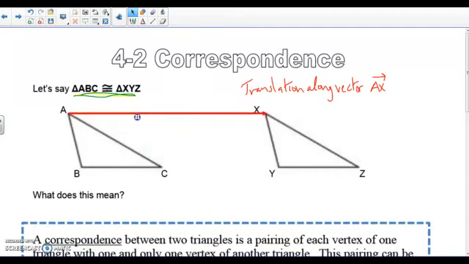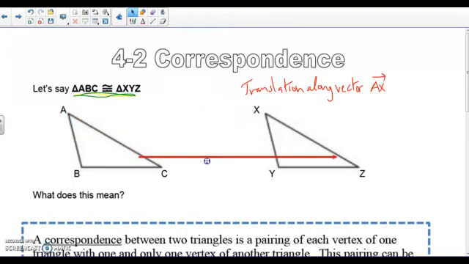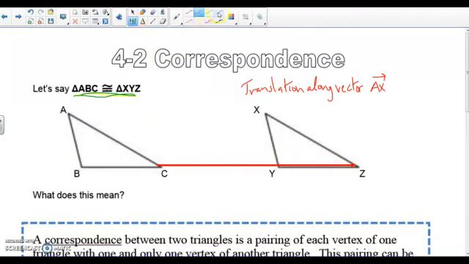So these two triangles are congruent, and this correspondence idea means that every point on the pre-image maps to every point on the image. So how are we going to use this in our math today, what does this mean?